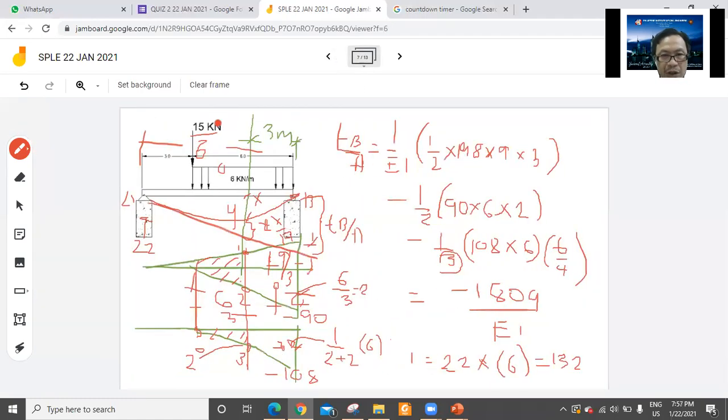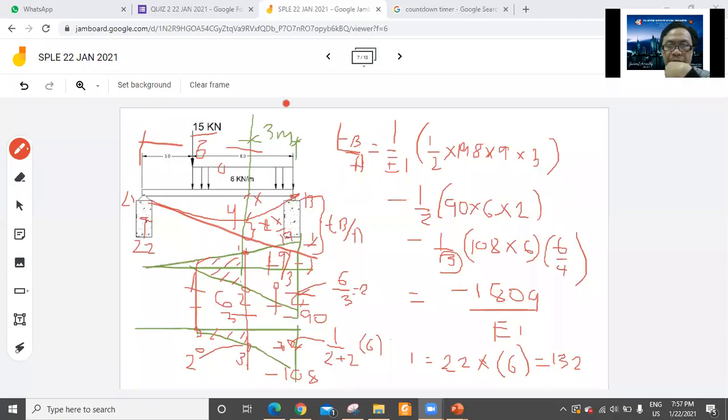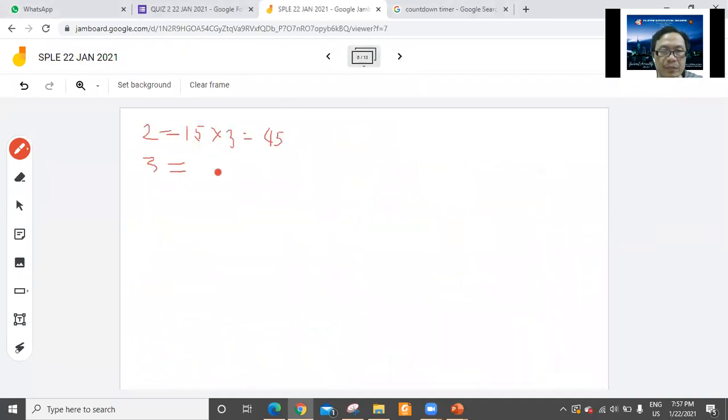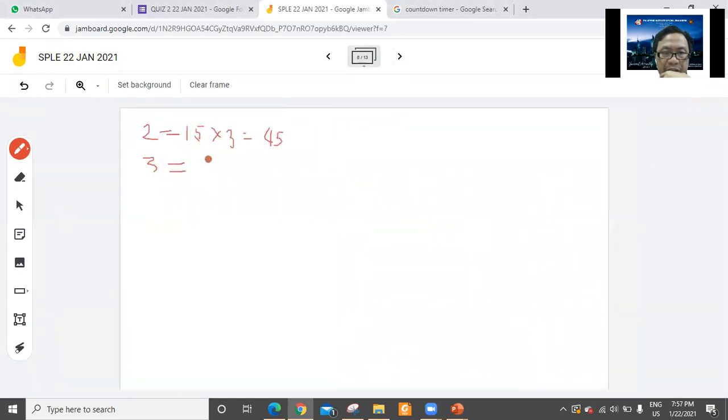How about number 3? For number 3, you have the uniform load of 6 kilonewton per meter times the distance of 3, times 3 over 2.